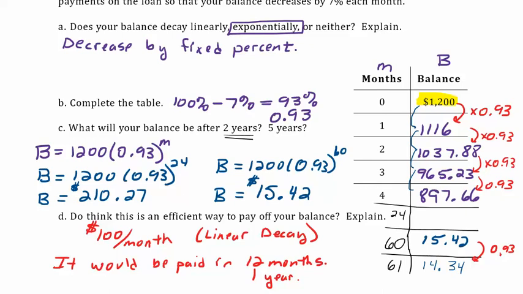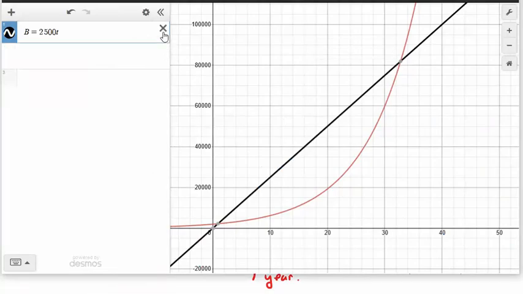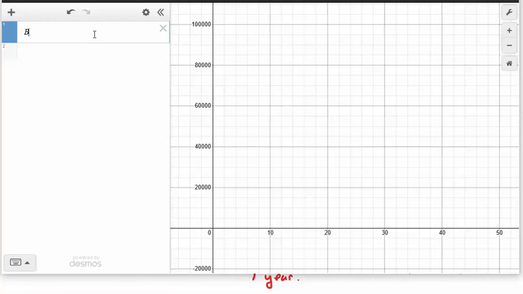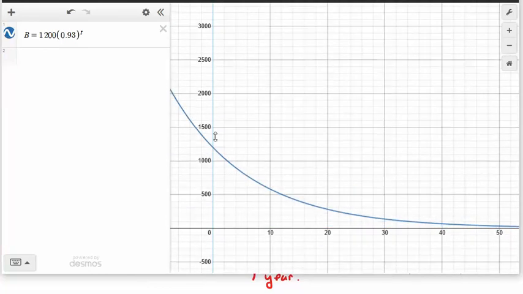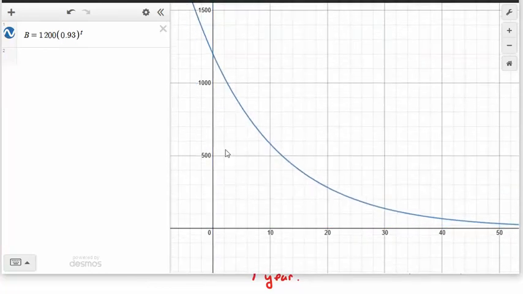If you think about what this graph would look like, let's go do the graph on Desmos. So we would have our balance. We were starting with $1,200, and then multiplying that by 0.93 to the power of t. When you have exponential decay, you get a drop here, but then it's less and less of a drop each time because you're taking 93% of a smaller and smaller number.